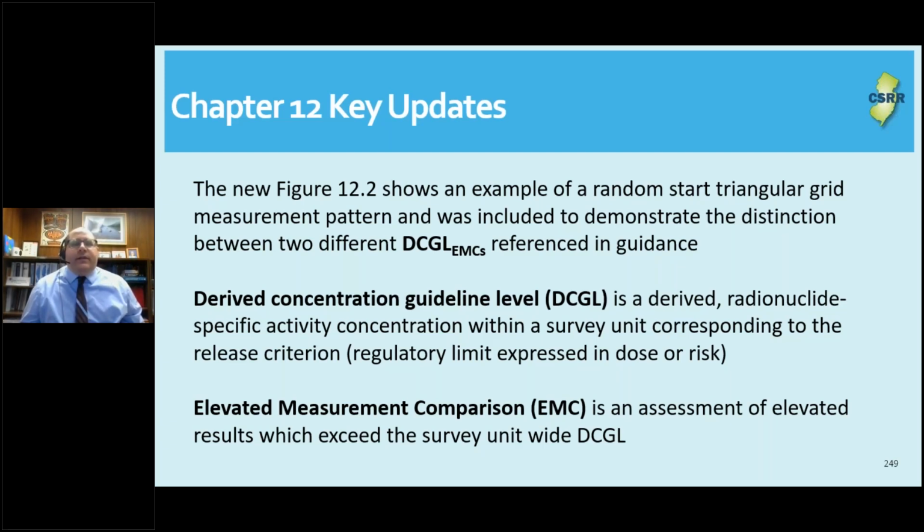Elevated measurement comparison, EMC, is an assessment of elevated results which exceed the survey unit-wide DCGL. So a DCGL EMC is an area-specific DCGL. Next.